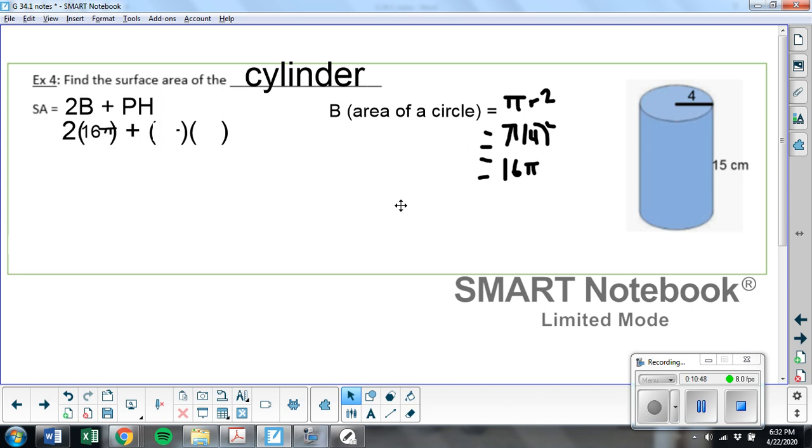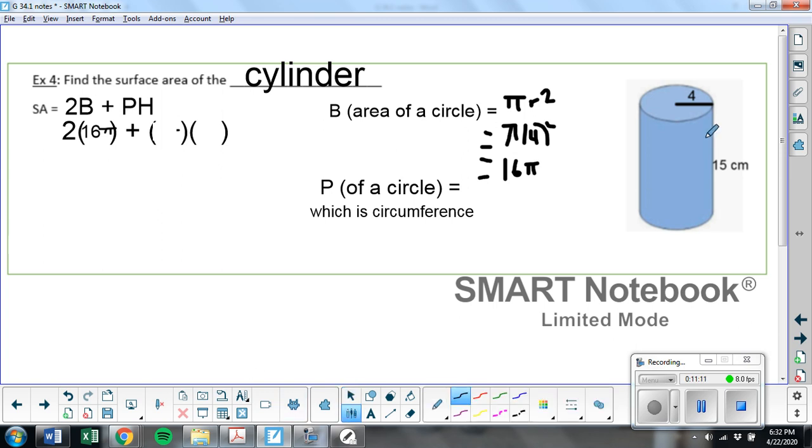Next is P, perimeter of the base. So perimeter of this circle, which I made a note, that's circumference. The distance around a circle is called circumference. So sometimes you'll see people use a C here if they're talking about a cylinder, because we usually don't call it P, perimeter. We usually call it circumference, the distance around the base of a circle.